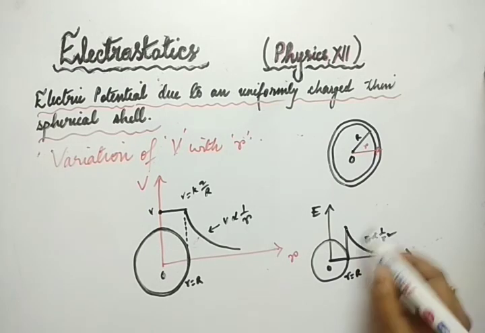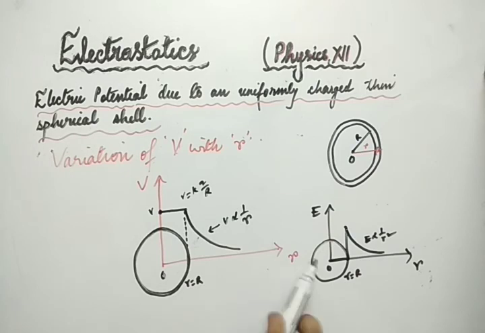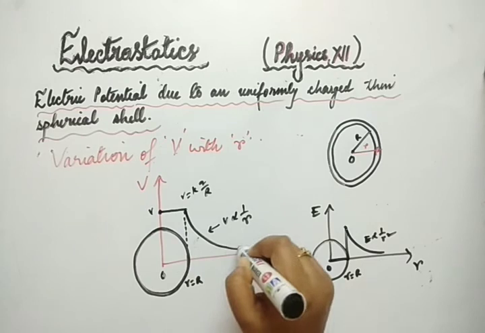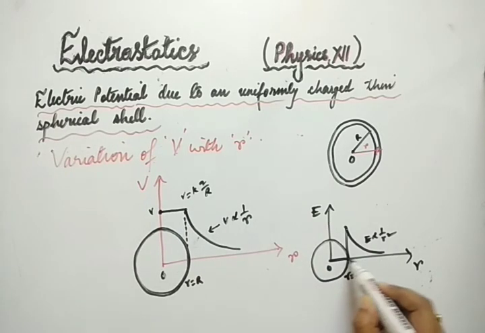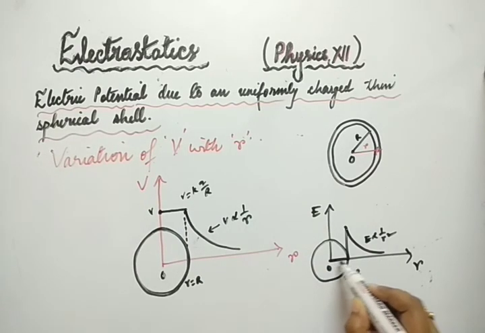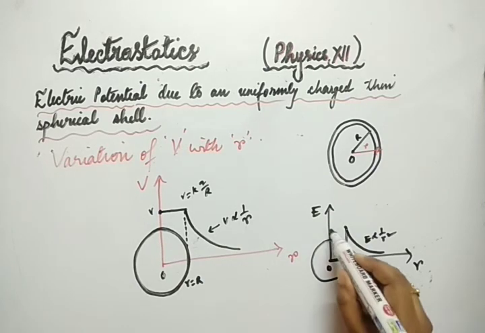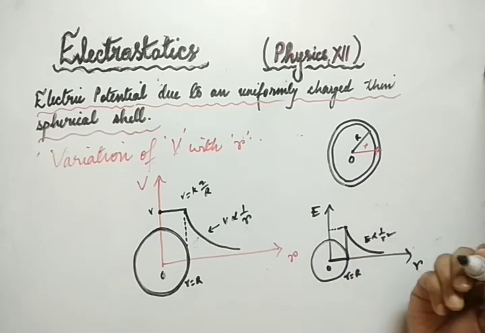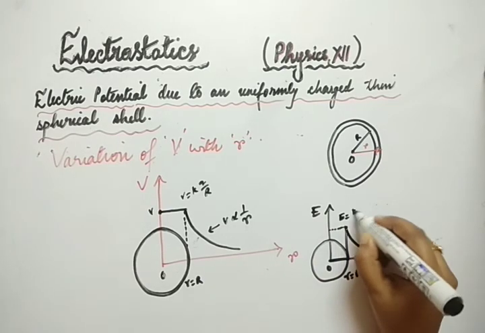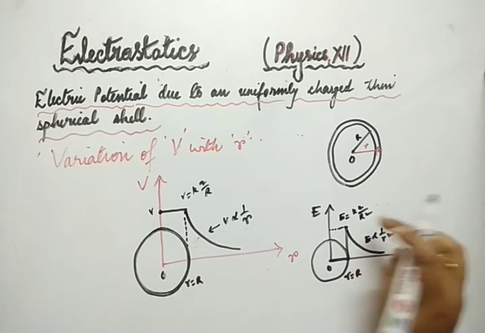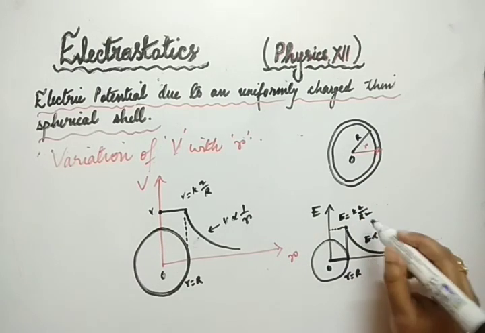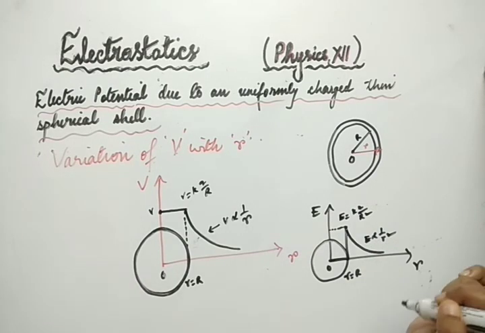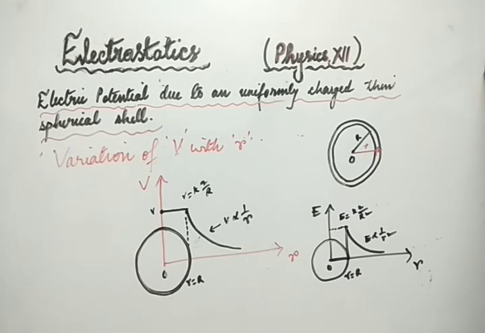Compare this: here V has some value inside and then it decreases, while here E will be 0 inside and suddenly it will have some value. So E equals kq by r square, and it will decrease as 1 by r square. So these two comparisons are also very important.